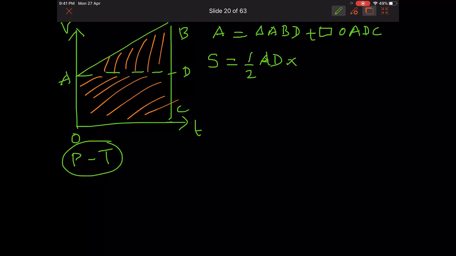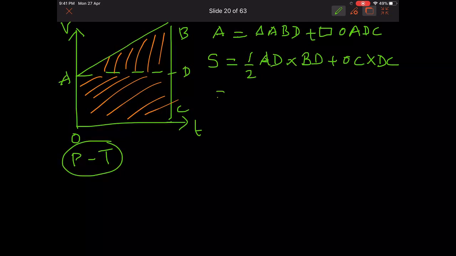What is the height? Height is BD. So I can write my area as half into AD into BD plus the area of the rectangle, which I can write as OC into DC. Okay, I can write it like that.